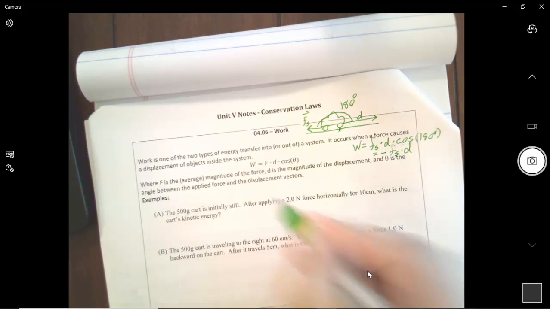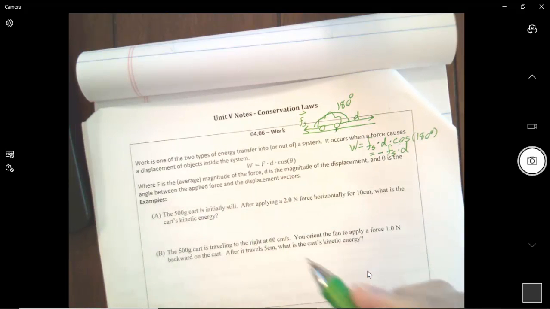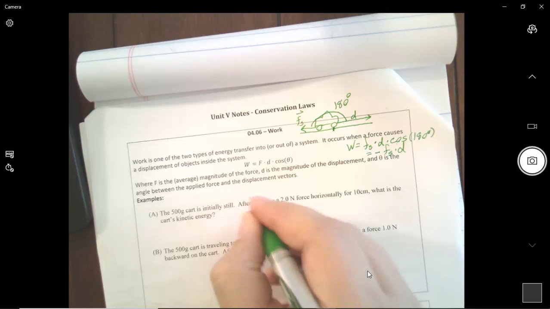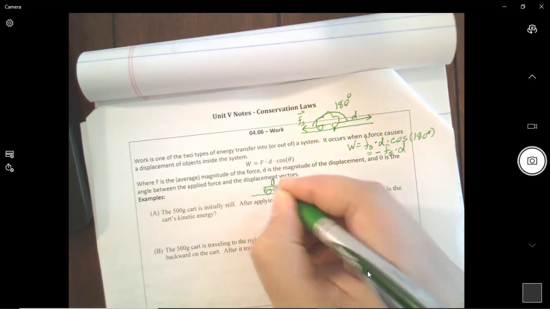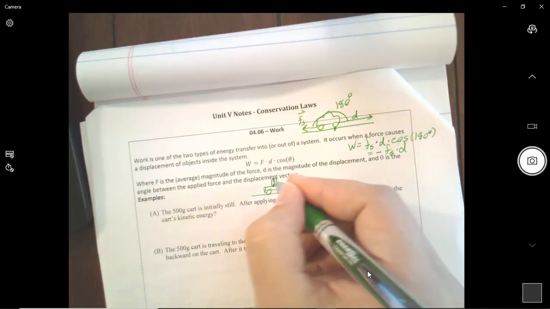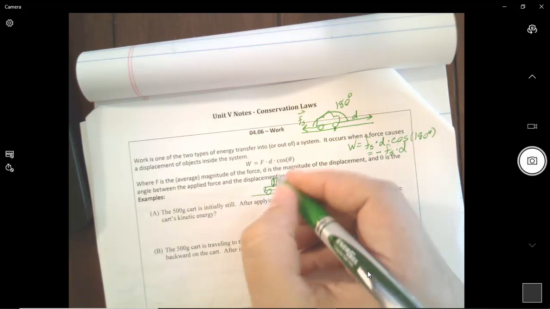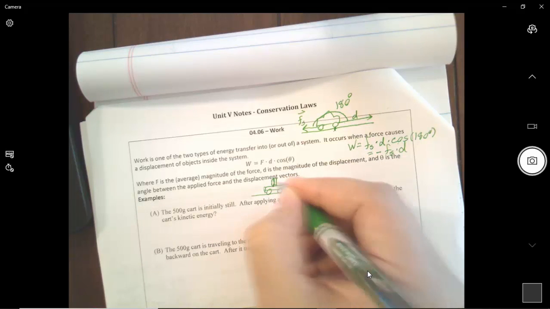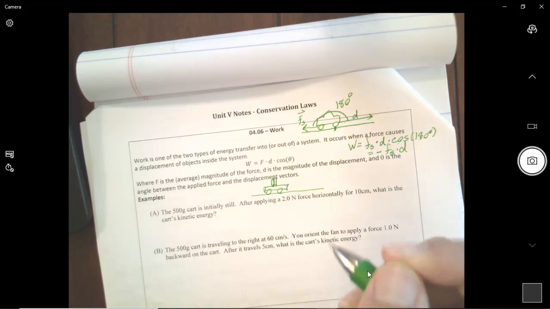Okay, so what can we do with this? Let's say that we have a little cart, and the cart has a fan on it. And because of the fan, the air in the room will cause a thrust force on the cart.